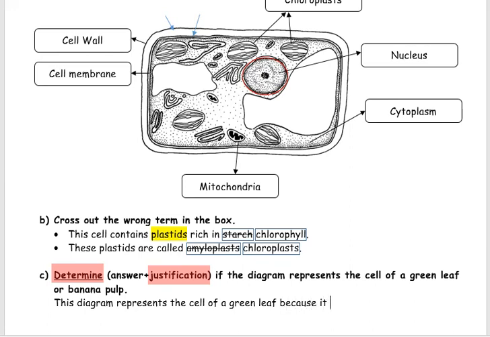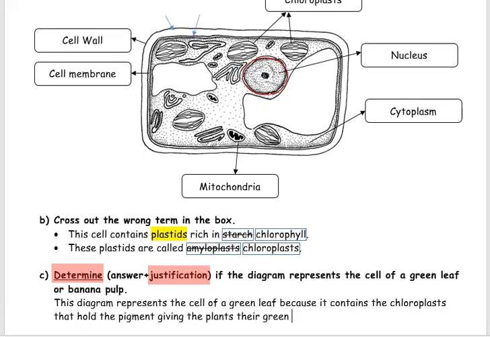Because it contains the chloroplasts that hold the pigment giving the plants their green color. What do we call this pigment? It is the chlorophyll.